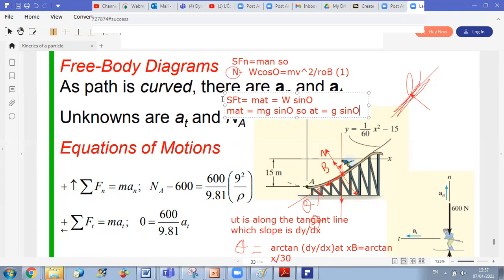Now in this problem they gave us the velocity. How could they change the problem so that we find the velocity without them giving it to us? They should give us a boundary condition. For example, if they told us we start the motion from C, if this is point C, they gave us the coordinate of C, and they say VC equals 0.